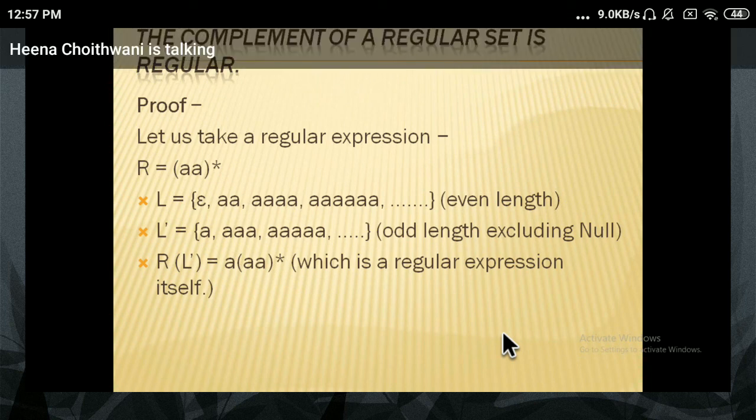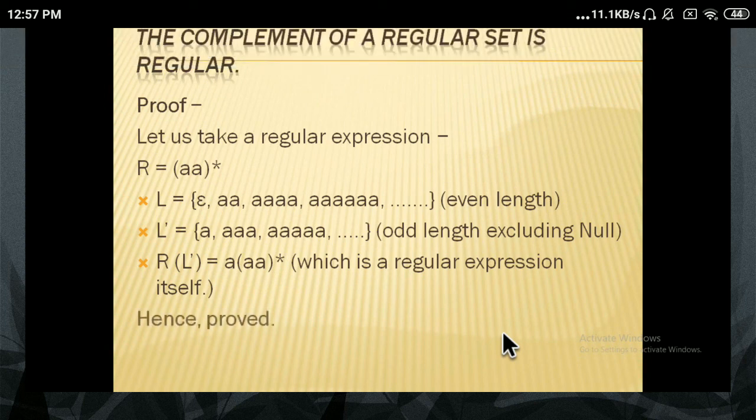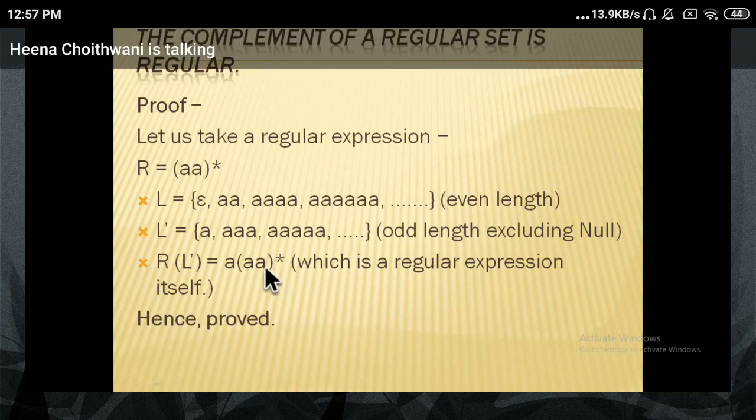So we have proved the complement of a regular expression is a regular. Any doubt in this representation? I hope by now it is clear, right? I'm fixing one A and taking the star closure of AA.